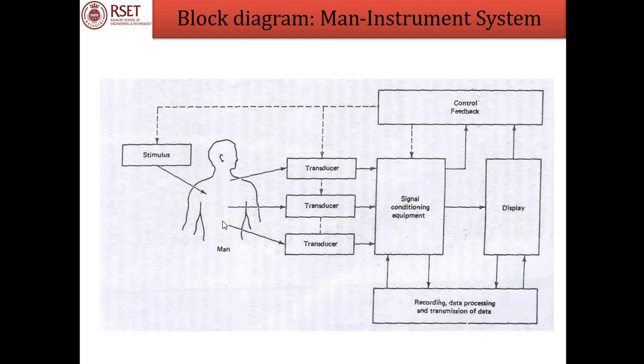Various transducers can be placed on the human body, with proper signal conditioning equipment to get the required mode of the signal. It may be displayed, it may be recorded or processed and transmitted for later use, and can also have control elements to give appropriate feedback at appropriate locations.